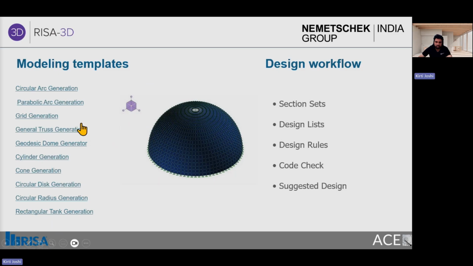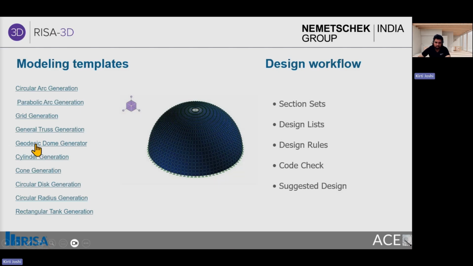Regarding the design workflow, we have also covered this in detail in our previous webinar. What I typically do is start by creating a section set in RISA 3D that will help me with member optimization. I mostly assign the design list for the different sections I have created, like the deflection ratio limit, the maximum utilization, and the minimum and maximum depth values for my members.